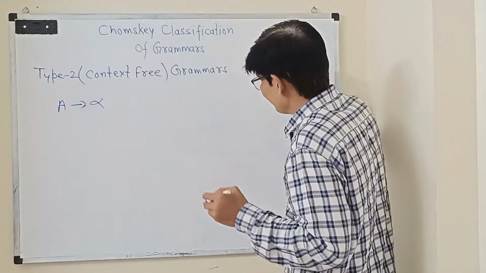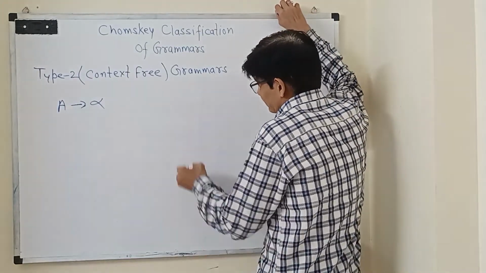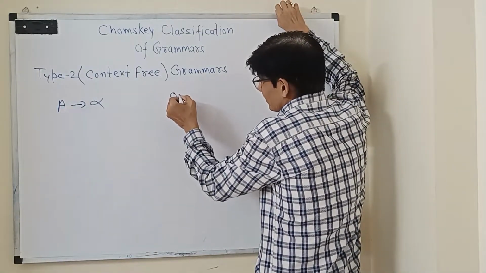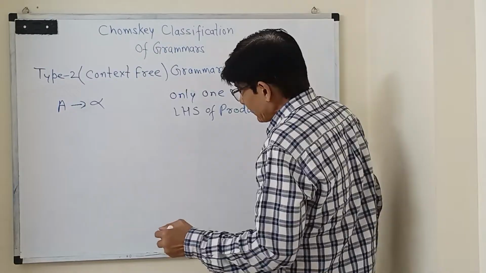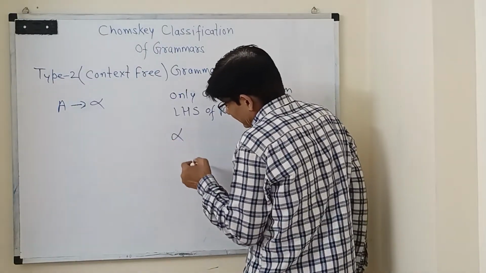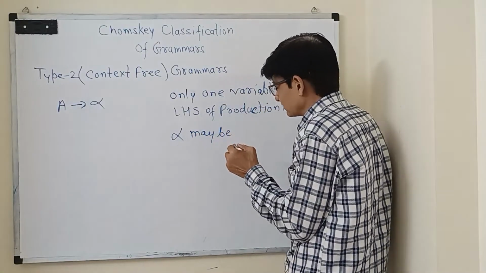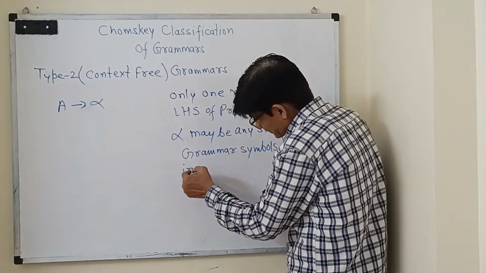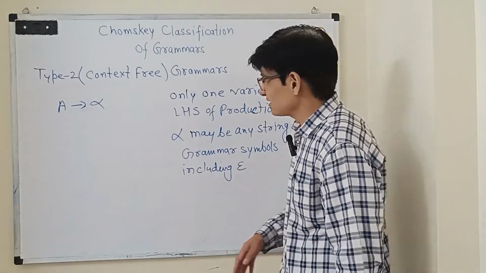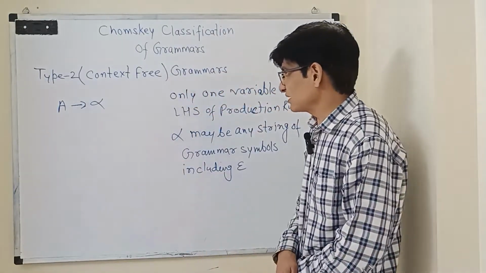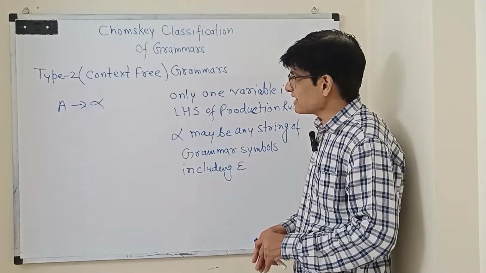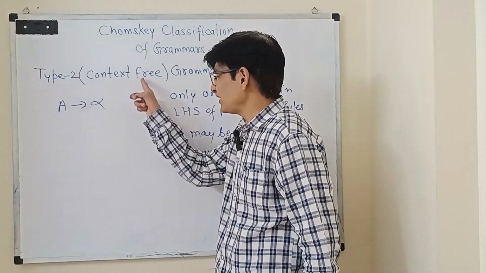So here we have applied one more restriction: only one variable on the left hand side, and on the right hand side alpha may be any string of grammar symbols, including epsilon. This is the type of production in this grammar, and as you can see, it is context free.